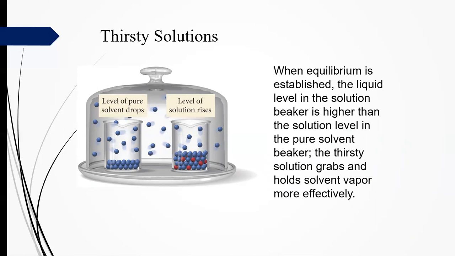Now the liquid level in the solution beaker is higher than that of the level in the pure solvent. This is because over time, because it's got that lower vapor pressure, when our liquids come out from one side into the other, the concentrated solution is going to hold on to those vapors at a higher rate than our pure solvent.